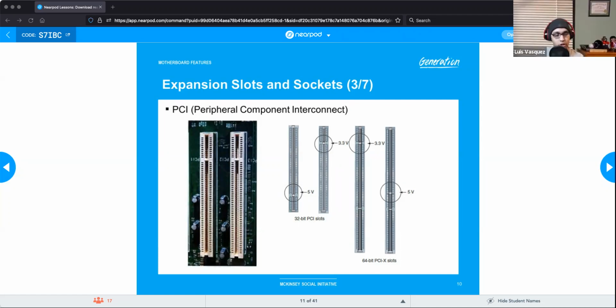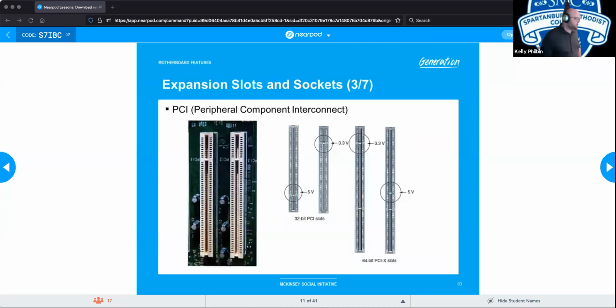Gotcha. And another question is the bandwidth speed. Does that affect the computer's downloading speed performance? Downloading from the internet? No, not necessarily. It affects the speed at which that expansion card can communicate with the CPU.